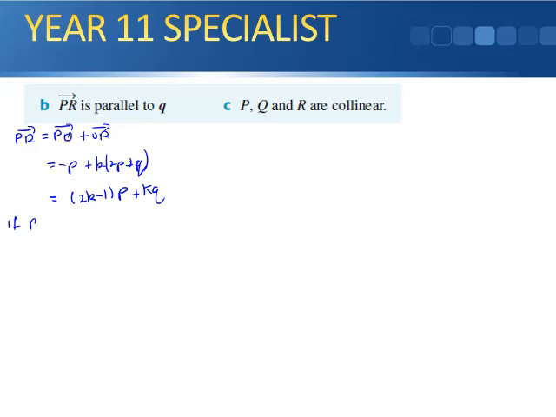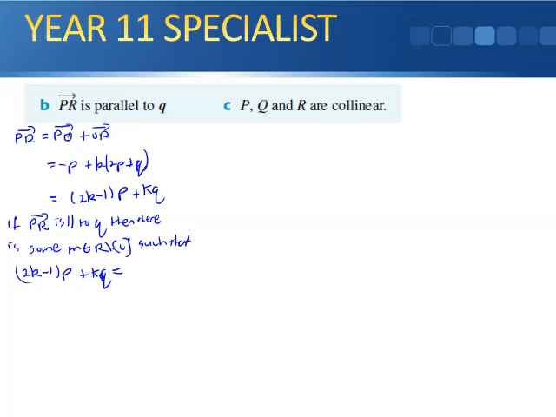Of course, if PR is parallel to q, then there is some value, we'll call this letter m, which is an element of the reals excluding 0, such that what we just got, (2k minus 1)p plus kq, will equal mq, this time with the q, because it's parallel to q.